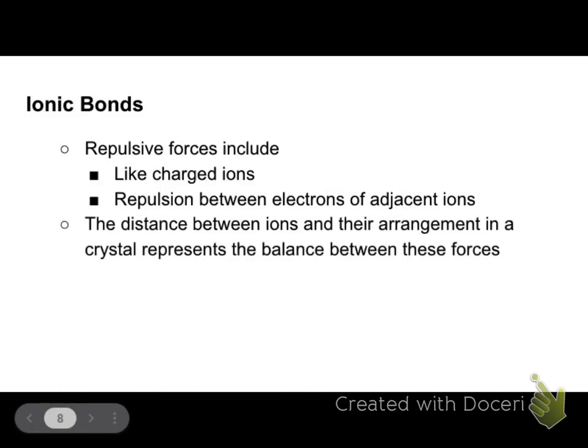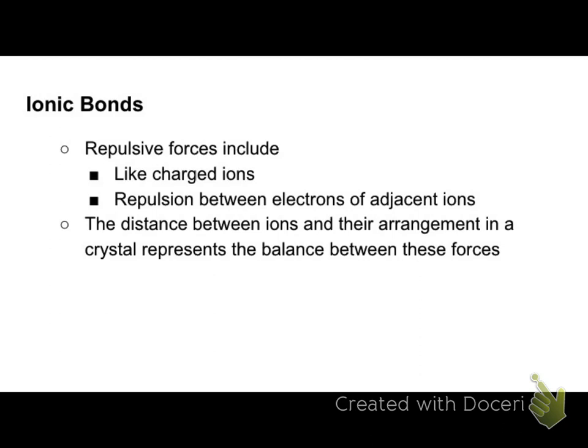The distance between ions and their arrangement in the crystal represents the balance between these forces. When we had a covalent bond, the bond length depended upon the balance between the attraction and the repulsion forces. The same is true inside of a lattice structure like this.